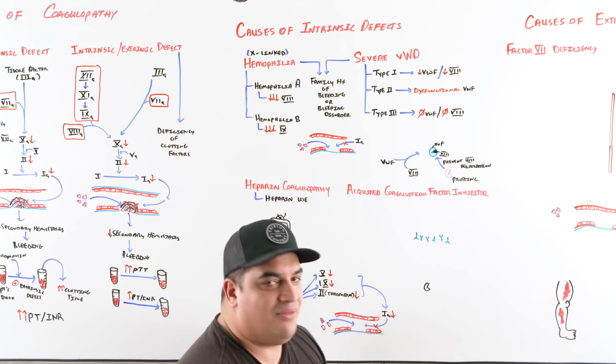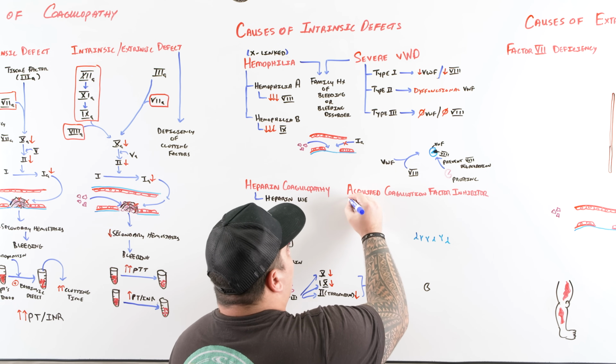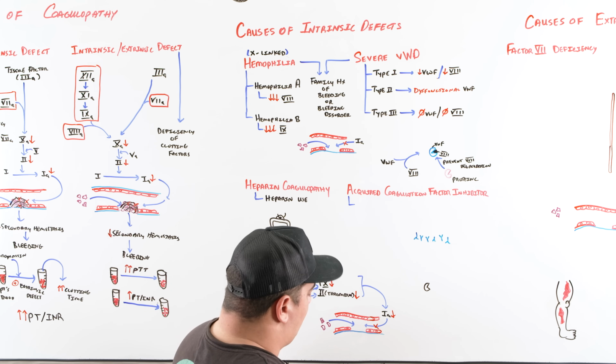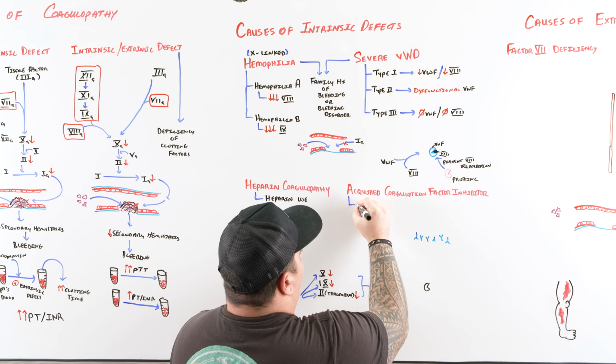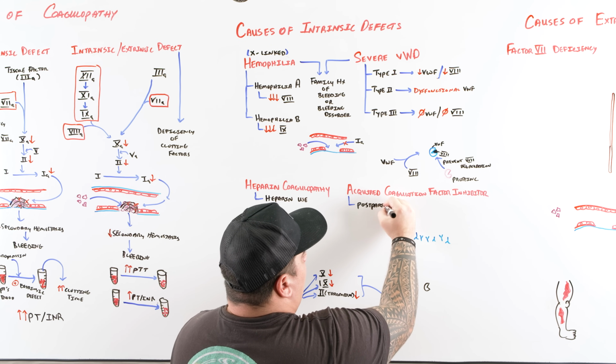An acquired coagulation factor inhibitor, this one's really annoying, but it is something that they can test for. So when a patient comes in, I'd say the ones that you want to look for in the exam is a patient who comes in bleeding and they're postpartum, right?